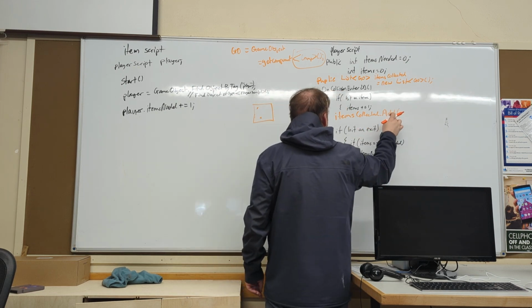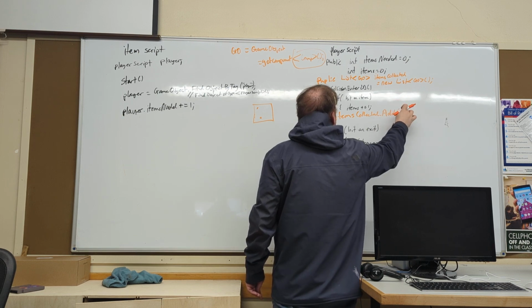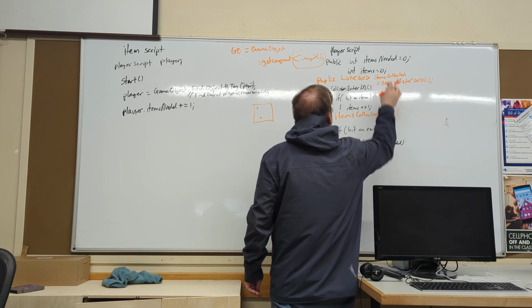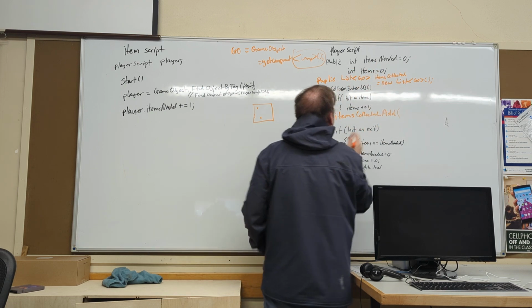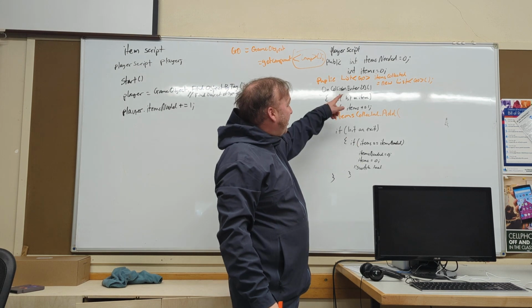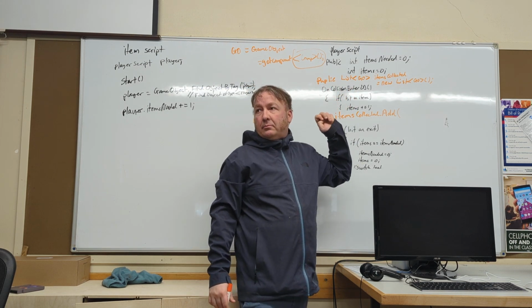And this has to be the same type as the list. So how do we reference the game object of the thing that we just collided to? Other?